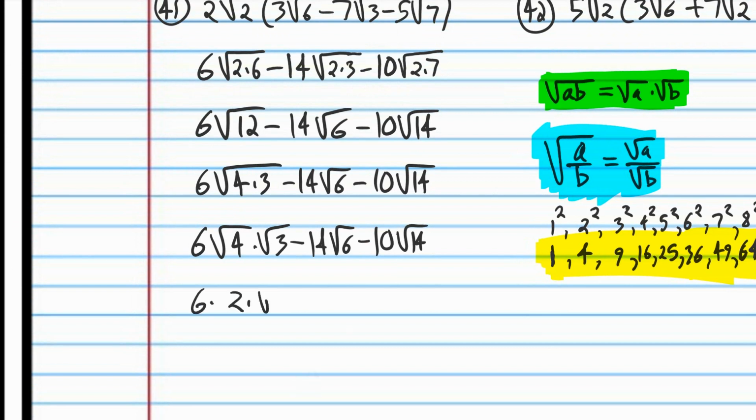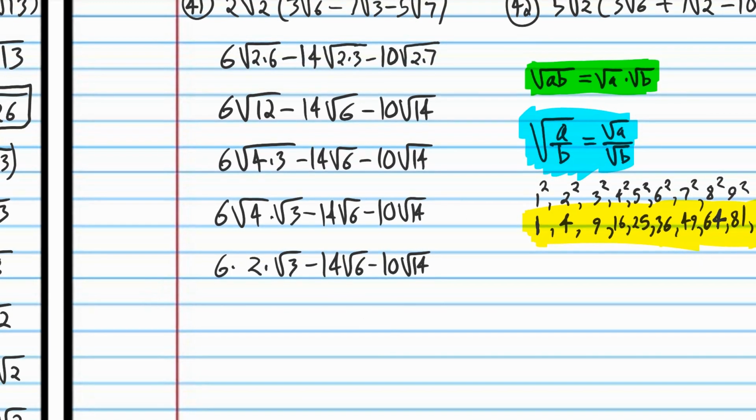Six times 2 times root 3. Then we get 12 root 3 minus 14 root 6 minus 10 root 14.